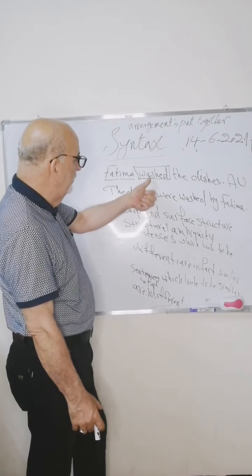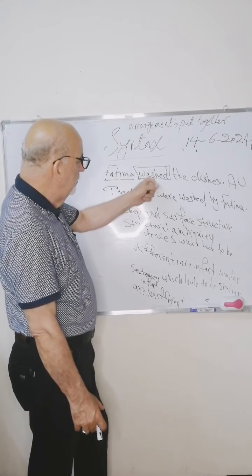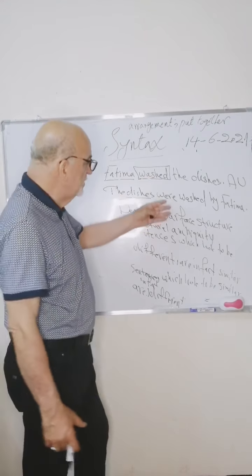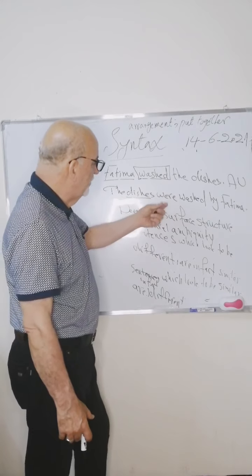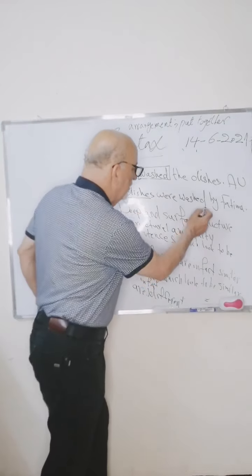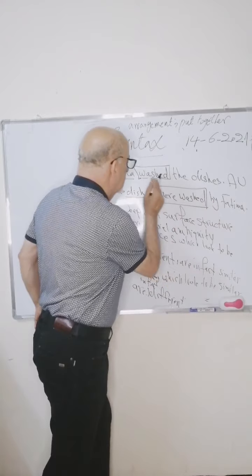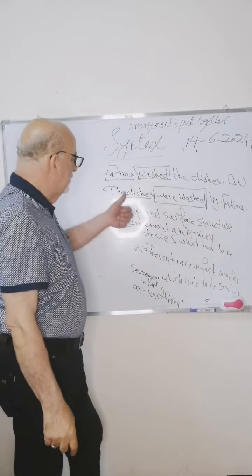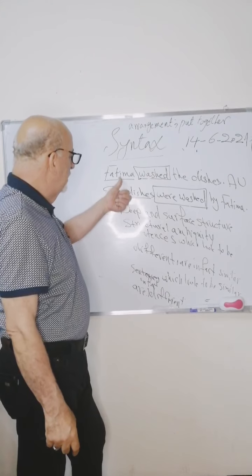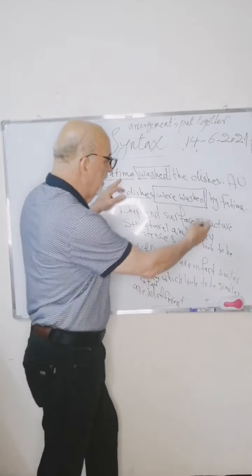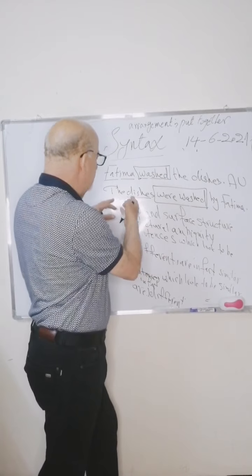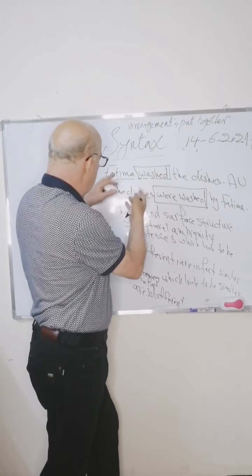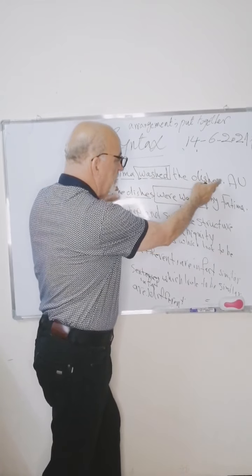Take it from the verb. This verb here is past. Also this is past. But what sort of past? Here we have were washed, look. Here the verb is just washed. Here the subject Fatima is where? It goes there. Here the dishes comes here. In this sentence the dishes are here.